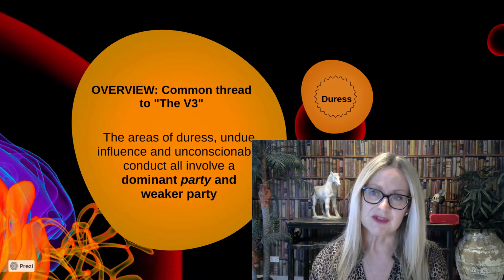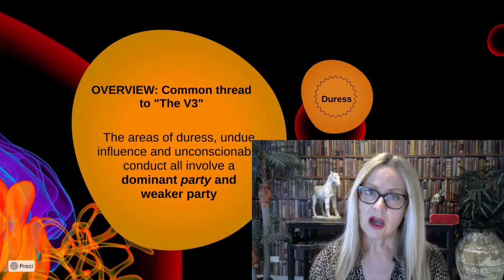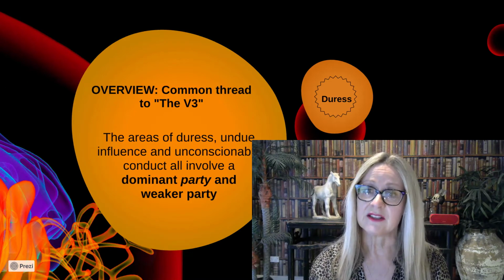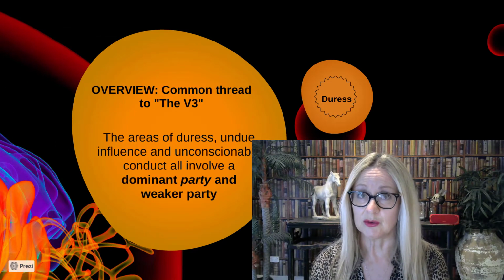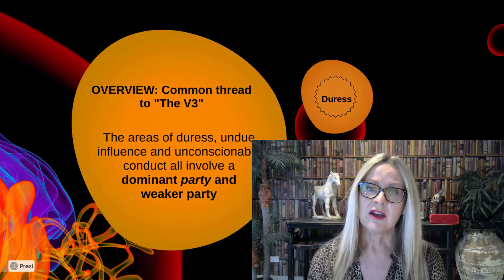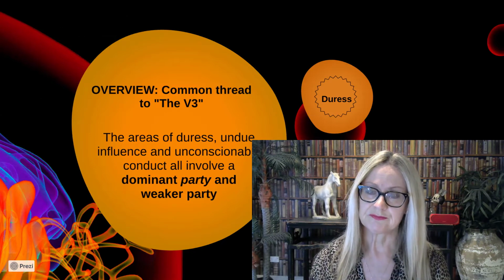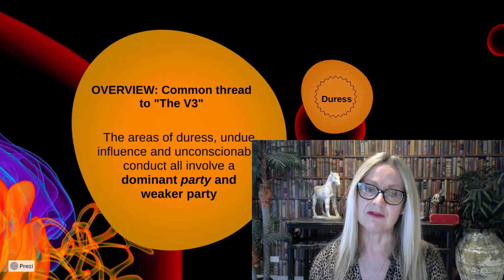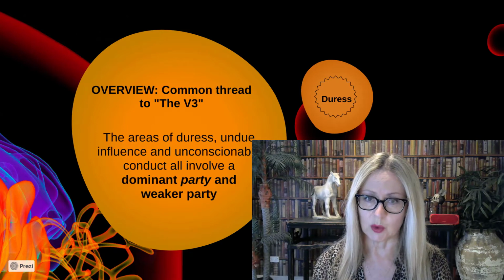But in terms of today's material, you should hopefully see some common threads between all of these vitiating factors. The main common thread is that you will have a dominant party and a weaker party.